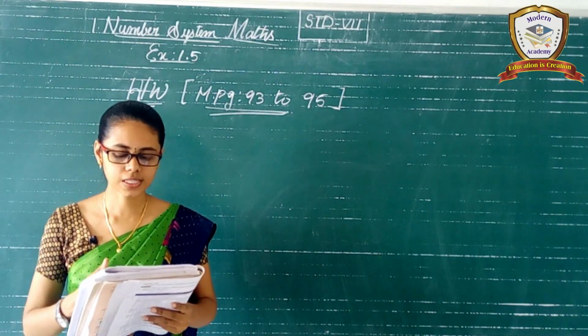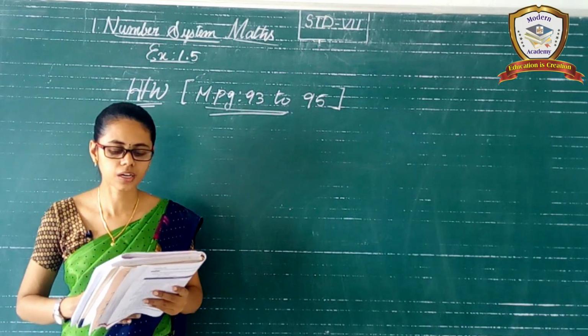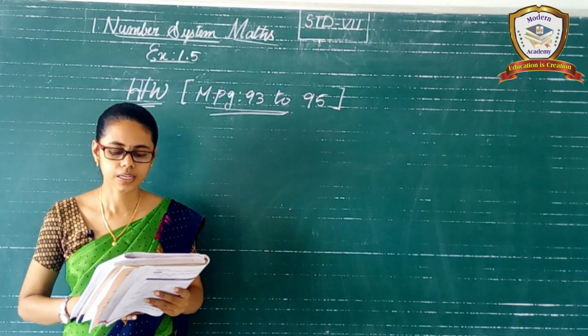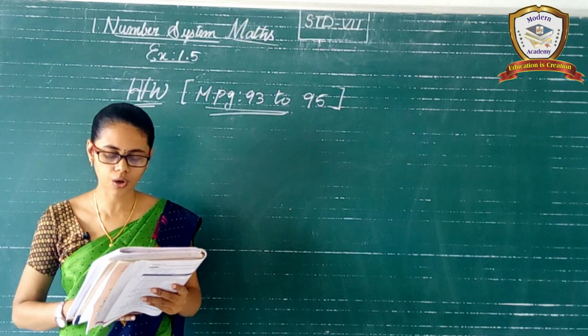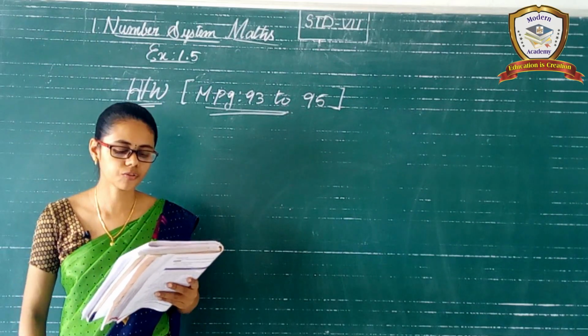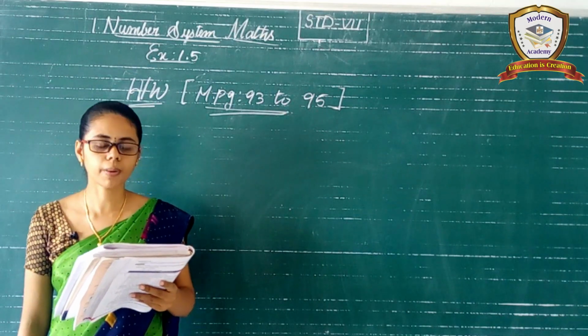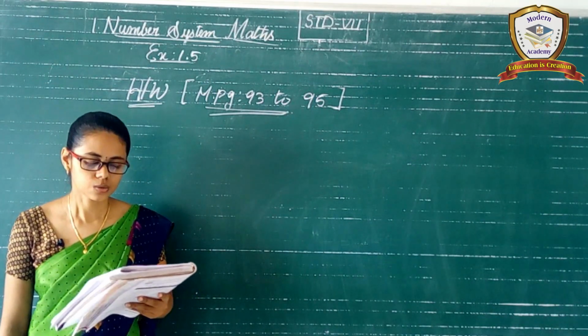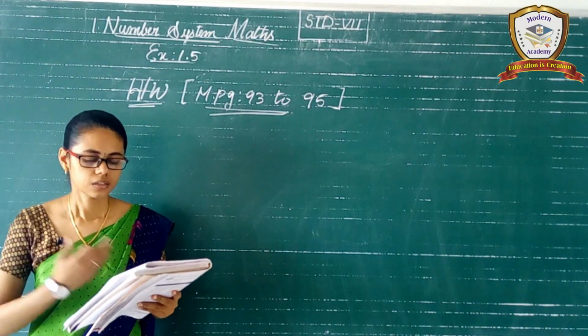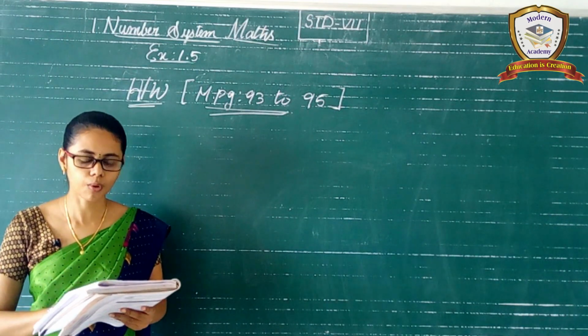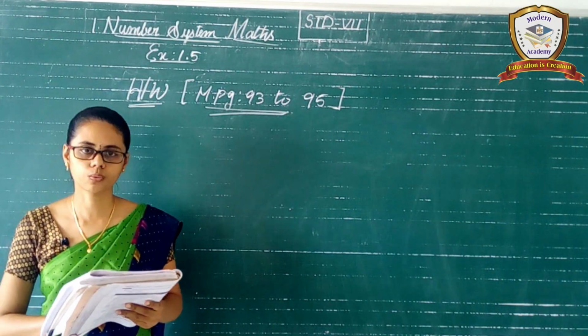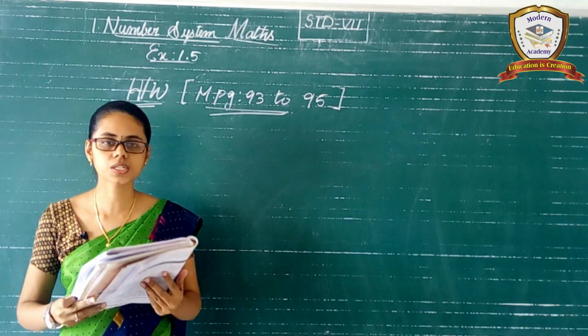Okay. Next, see the second question. Find the amount in the student's bank account if he has made the following transactions in a month. His initial balance is rupees 950. So same model as in the class sums, same model you have to work out the homework sums. So nearly 4 questions they will be given.